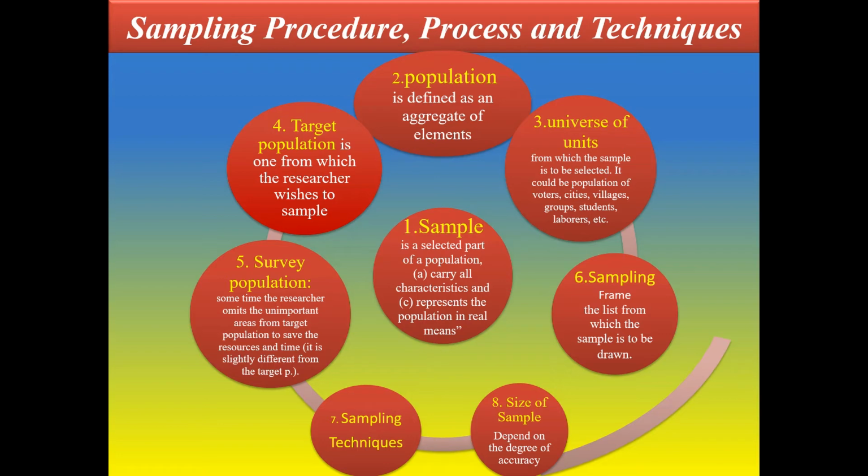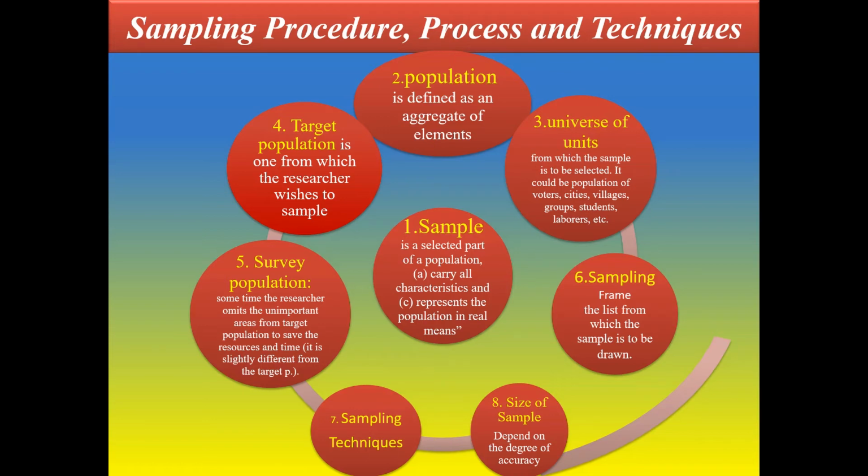The next step is the sampling frame. Sampling frame is the list from where the sample is to be drawn. For example, if you are doing research on an election, then the voters' register is the sampling frame. If you are doing research on university students, then the register of the students could be your sampling frame.